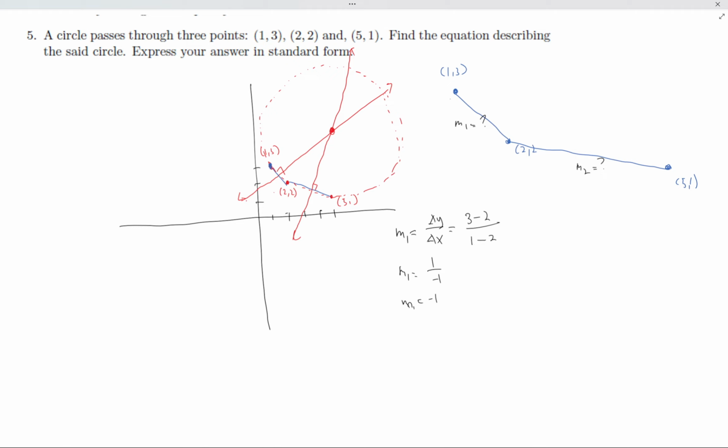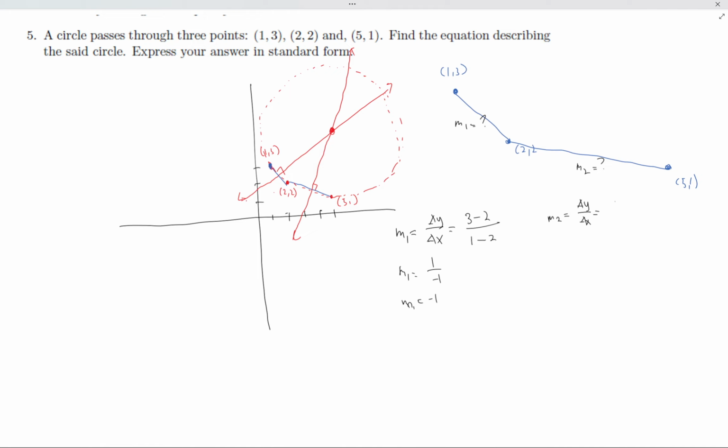Now it should be negative because notice how our line segment is oriented with respect to the x-axis. Notice it's going down as our x value increases. Okay, without much further conversation, let's solve for m2. Same thing, we just need to remember delta y divided by delta x. For this purpose, let's call the point (2, 2) our first point and (5, 1) our second point.